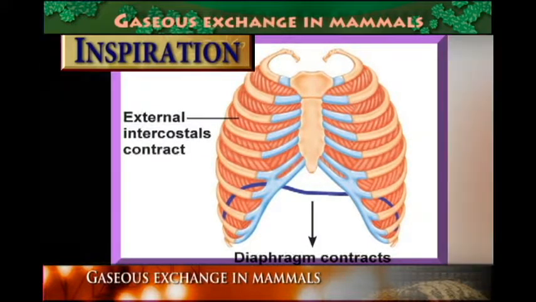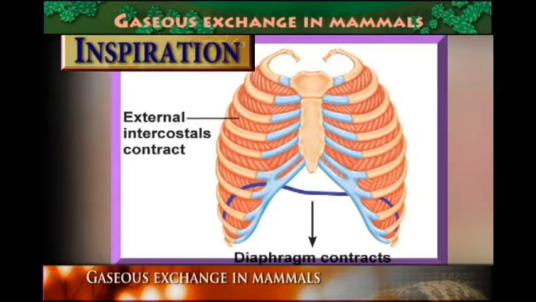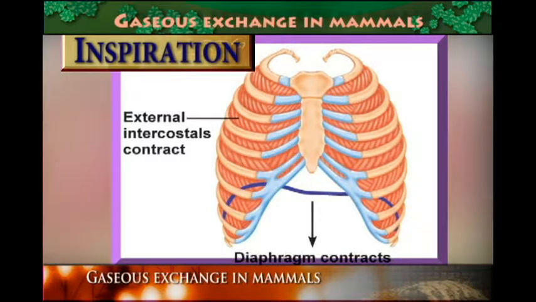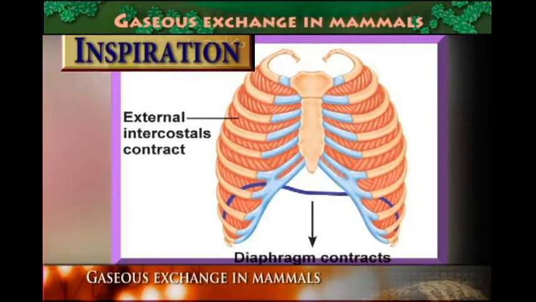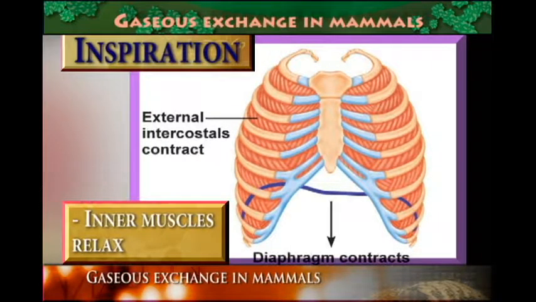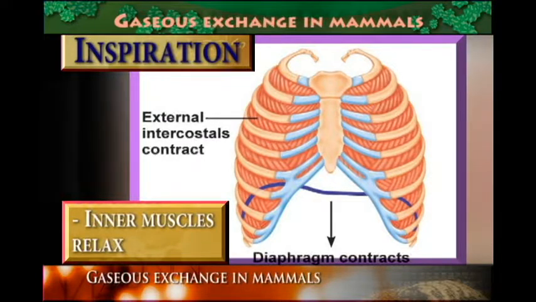During the inspiration process, what happens is that the external intercostal muscles will contract. These are the external intercostal muscles that we have on the sides of the ribs, and in the process of contracting, the inner muscles in the ribs will relax.